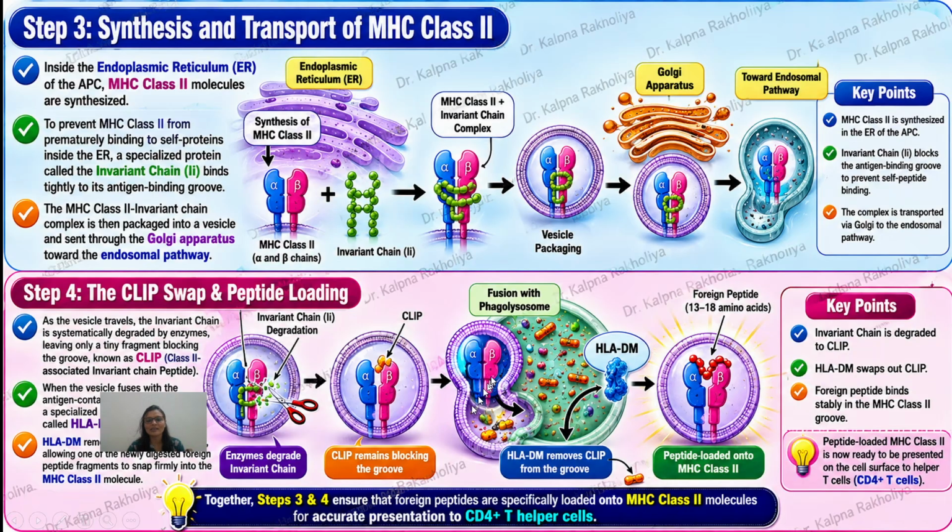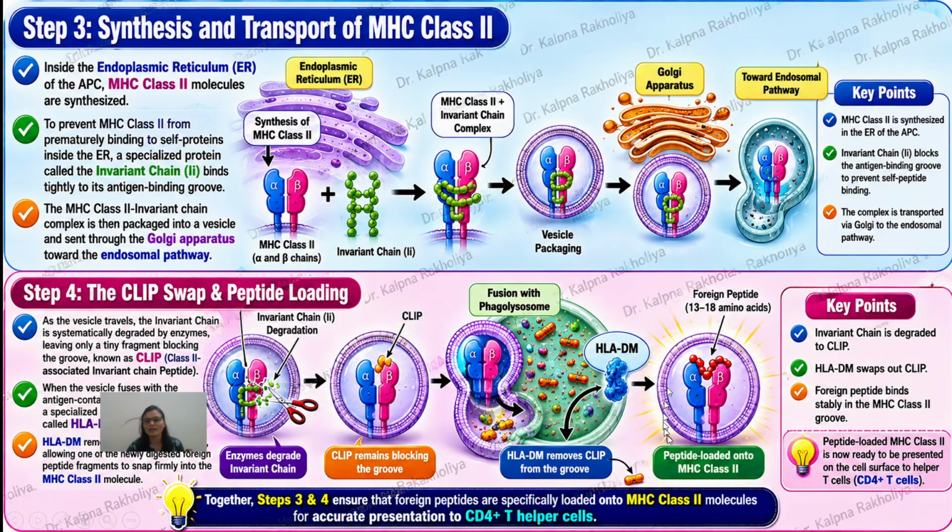Later on, in the Golgi body, the phagolysosome as well as this compartment with the CLIP and the MHC class II molecule fuse with each other. CLIP will be released by HLA-DM, and instead the foreign peptide binds.